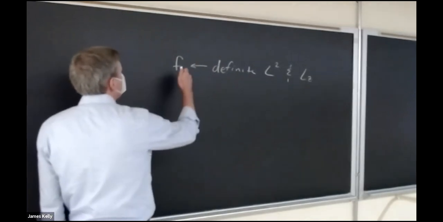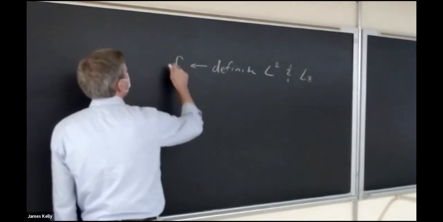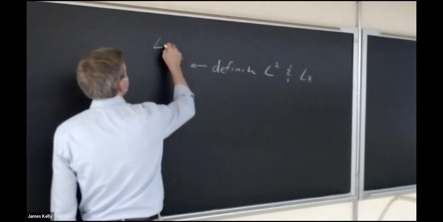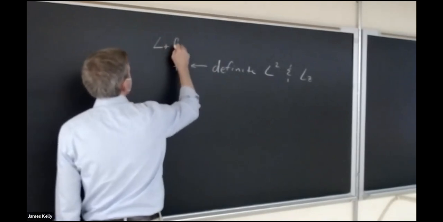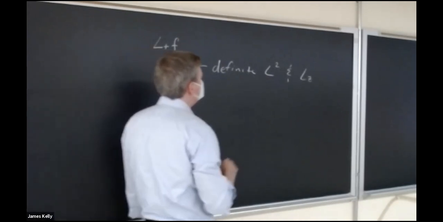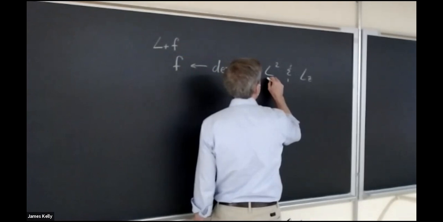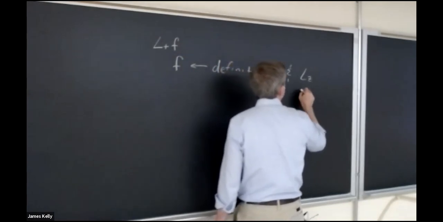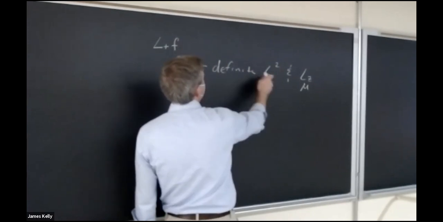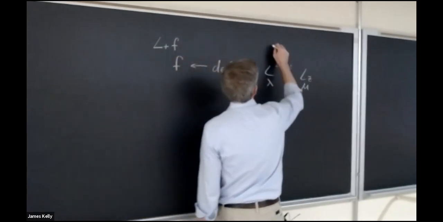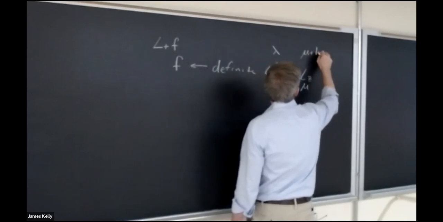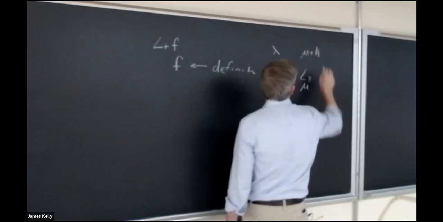The theorem we proved said that if you apply L plus to F, then we get another state of definite L squared and Lz. We assumed the L squared eigenvalue was lambda and the Lz eigenvalue was mu. Lambda stays the same, but mu goes up by h bar.